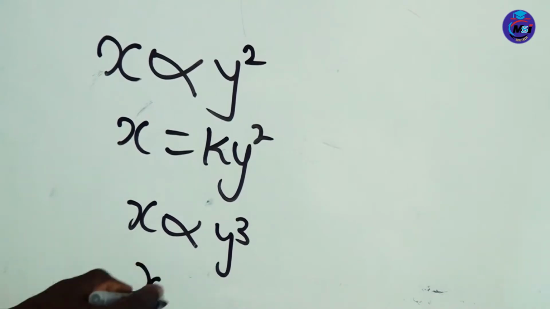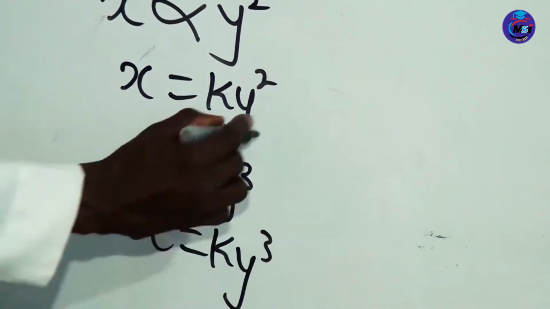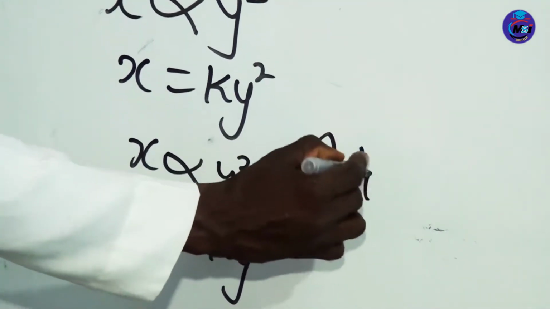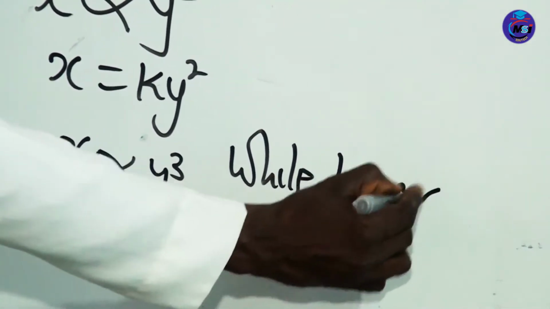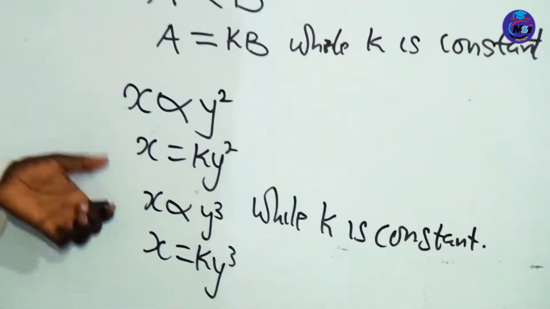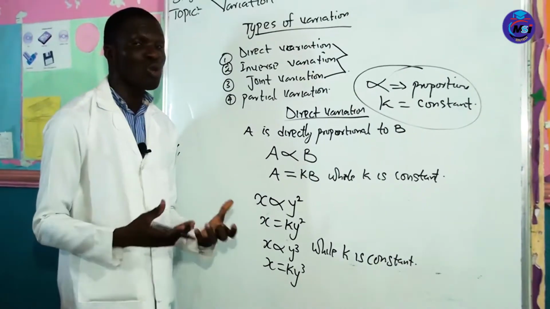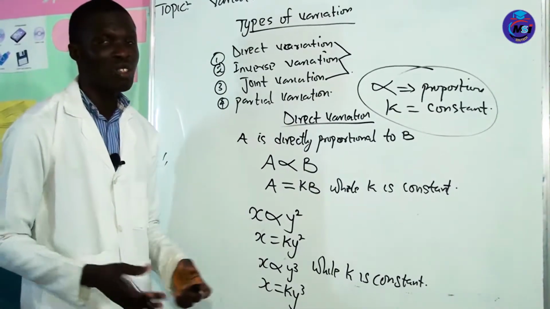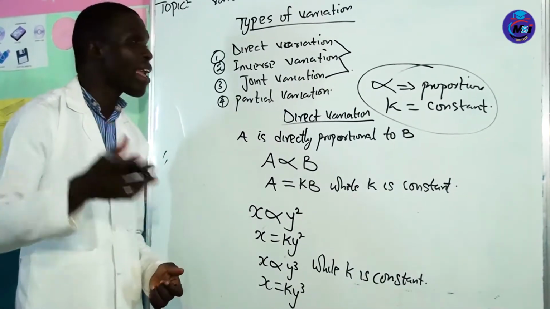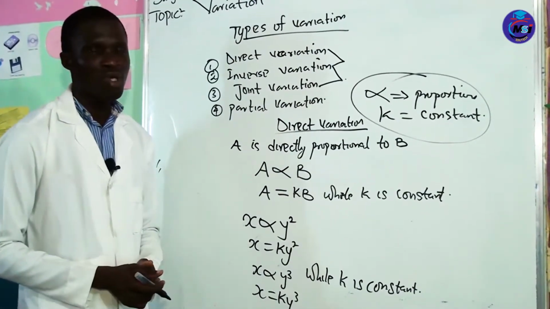So X will be equal to KY cubed, where K is constant. I'm giving you this because by the time we launch into examples, you will really understand me and it will not look boring.